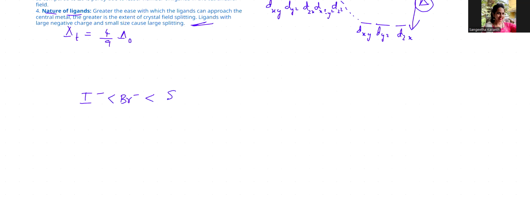iodide, bromide, sulfide, thiocyanate, and so on. Okay, so these are the different ligands that we have, and these are arranged in order. Yeah, OH minus.